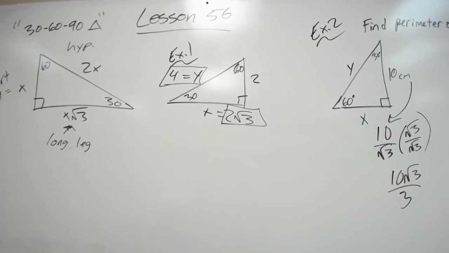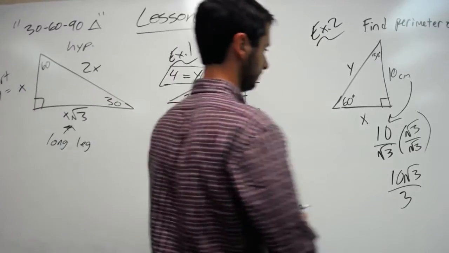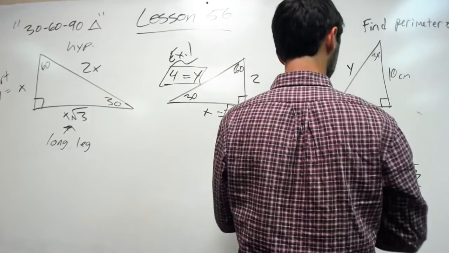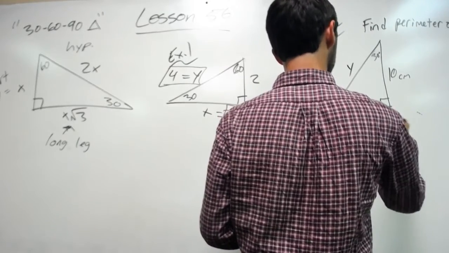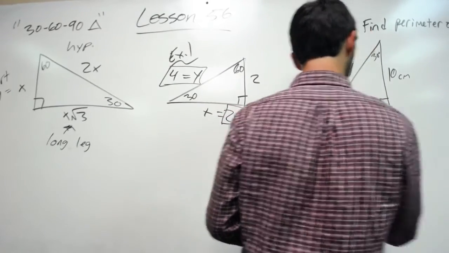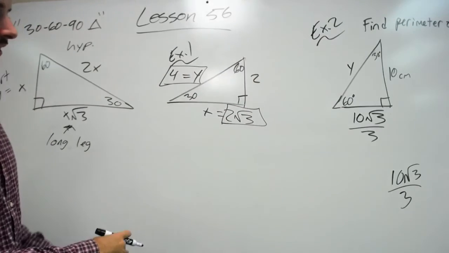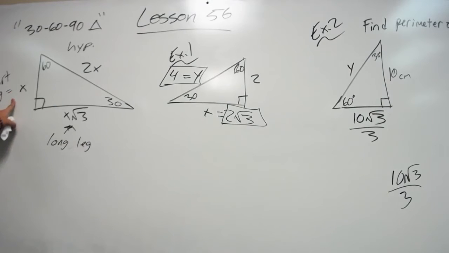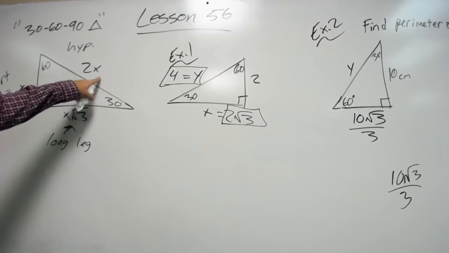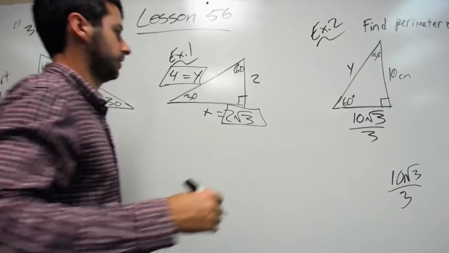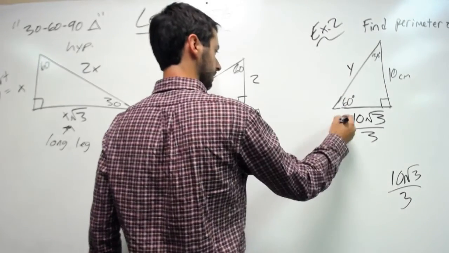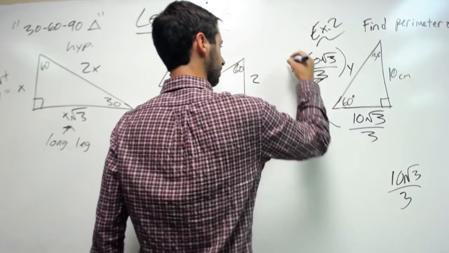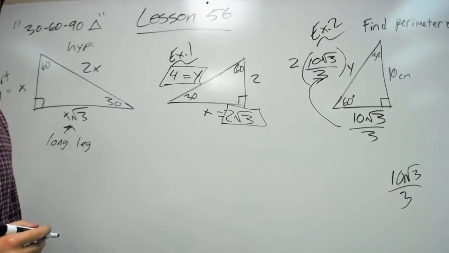I'm going to write that value in for x here: 10 radical 3 over 3. Now we know our short leg. To get from the short leg, the 30-degree side, to the hypotenuse, we have to multiply by 2. So we do 10 radical 3 over 3 multiplied by 2.